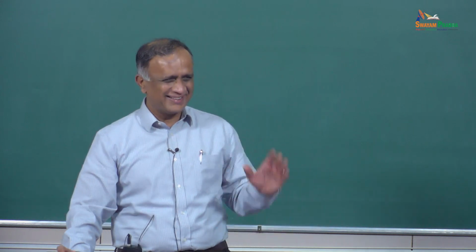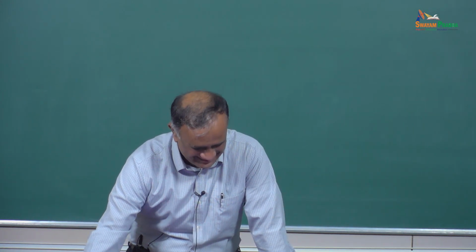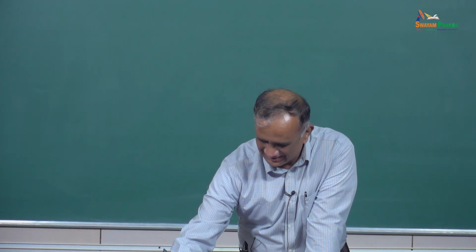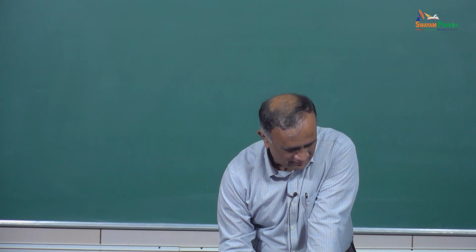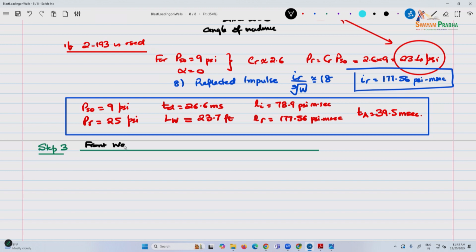So people are paying attention to the steps, but I don't know, hopefully they're paying attention to details. And I find that always hilarious. Front wall positive phase pressures. So if I make a mistake in my step number, please do feel free to correct me.